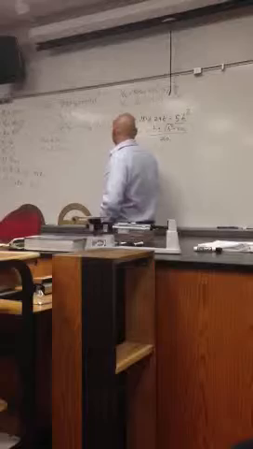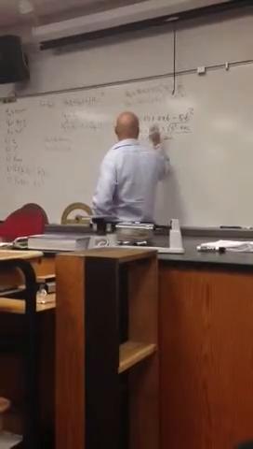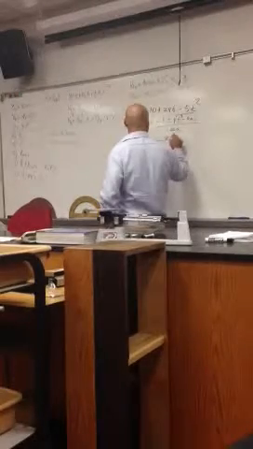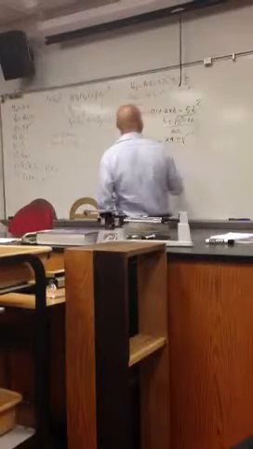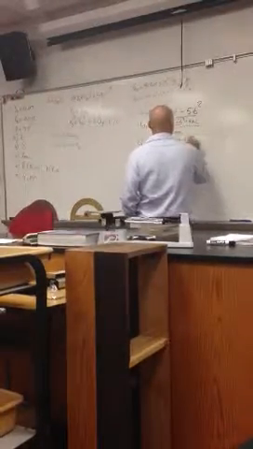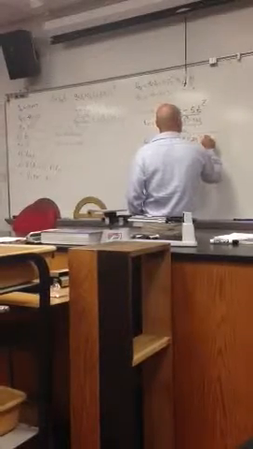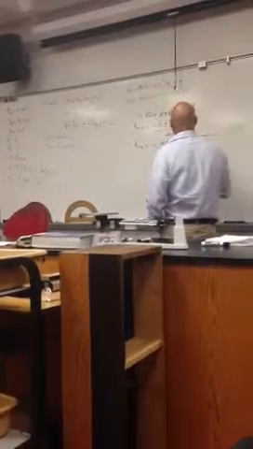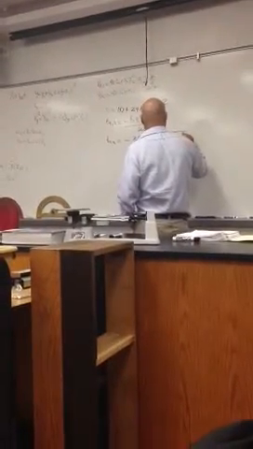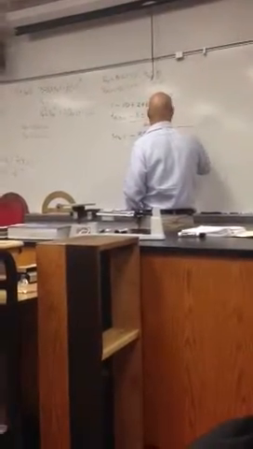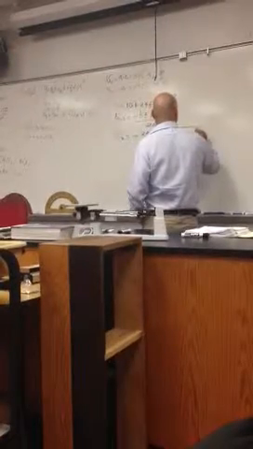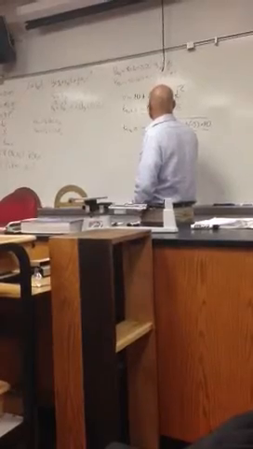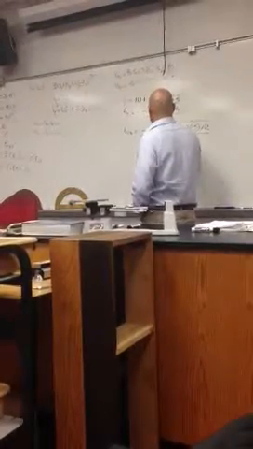So in order to find the time, we will get two answers here. Negative 24 plus minus the square root of 24 squared minus 4 times negative 5 times 10, divided by 2a, which is negative 10.